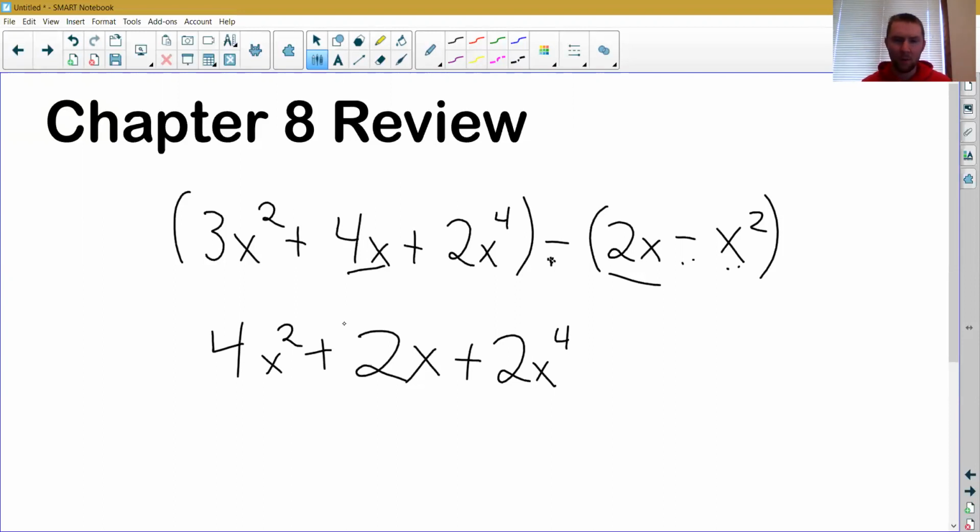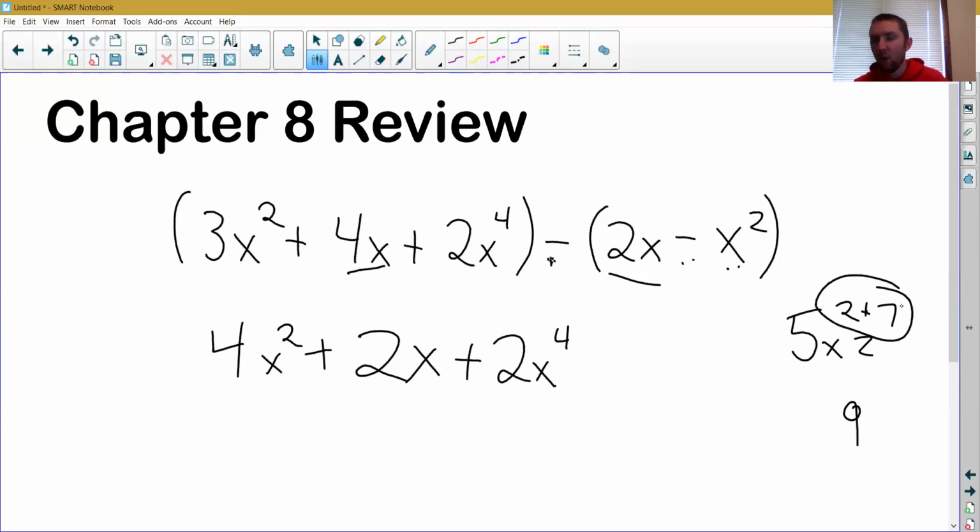Remember that the degree of each term is simply the total number of variables on that term. For example, if we have a term like 5x squared z to the seventh, the degree would be 9 because it's 2 and 7 put together. I have 2 x's multiplied and 7 z's.